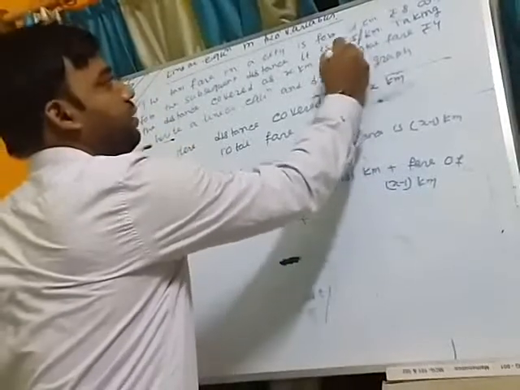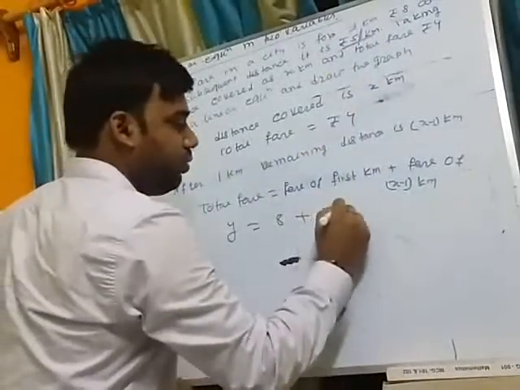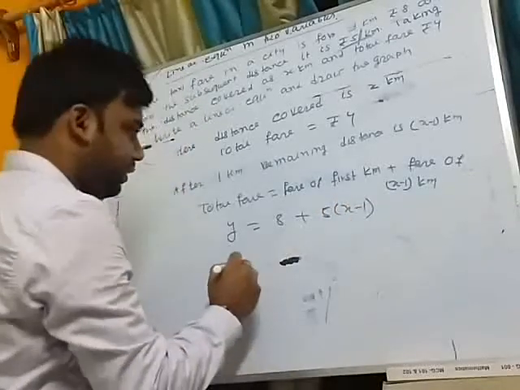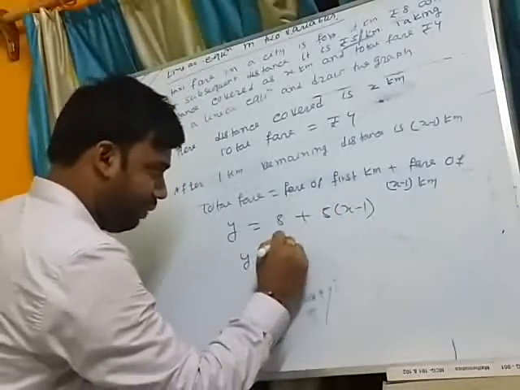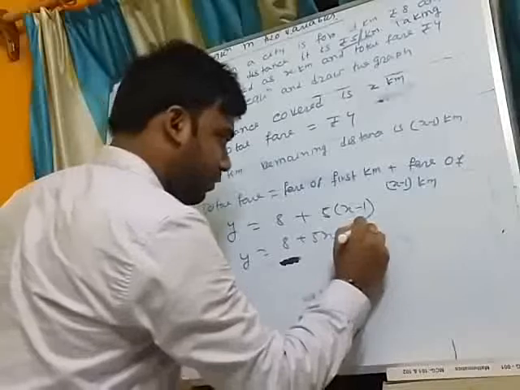So total fare y, the fare of the first kilometer is 8, and the fare of the remaining x minus 1 kilometer is rupees 5 each. So 5 into x minus 1, that is y equal to 8 plus 5x minus 5.